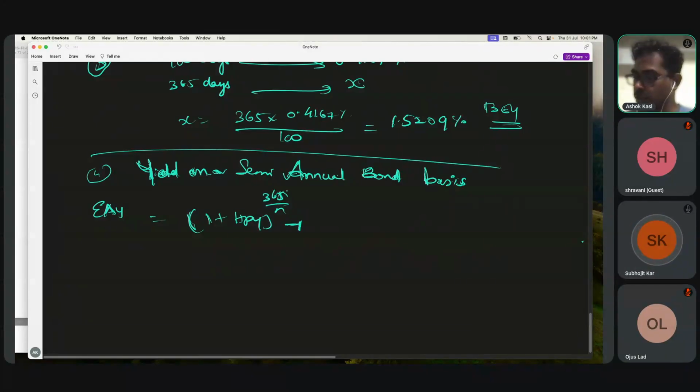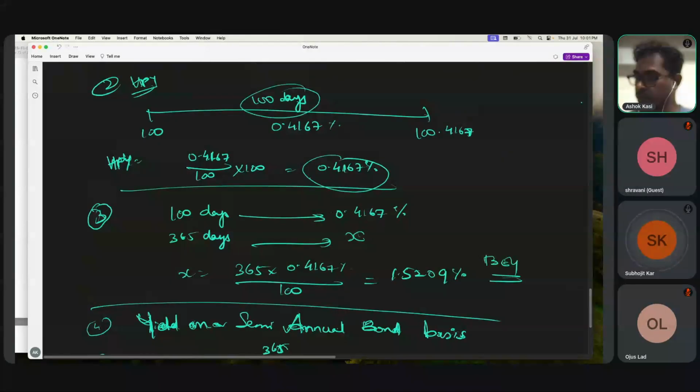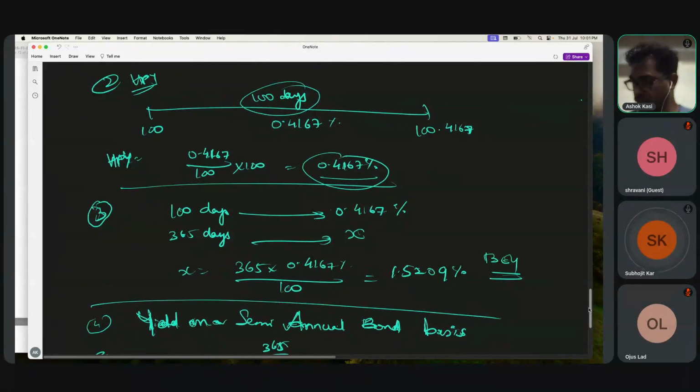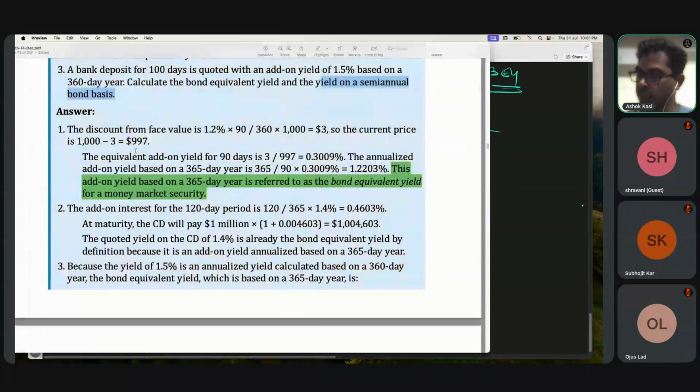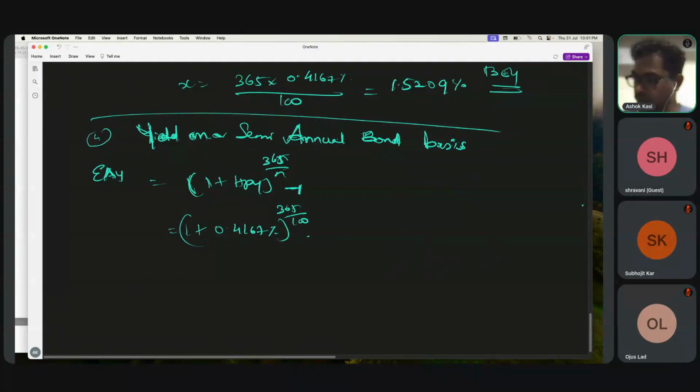Here, 1 plus holding period yield, 0.4167 percent, raised to 365 by n. What is n here? 100 days. So 365 by 100, minus 1. Just calculate this one. Just 1 minute, you calculate. I'll be back.